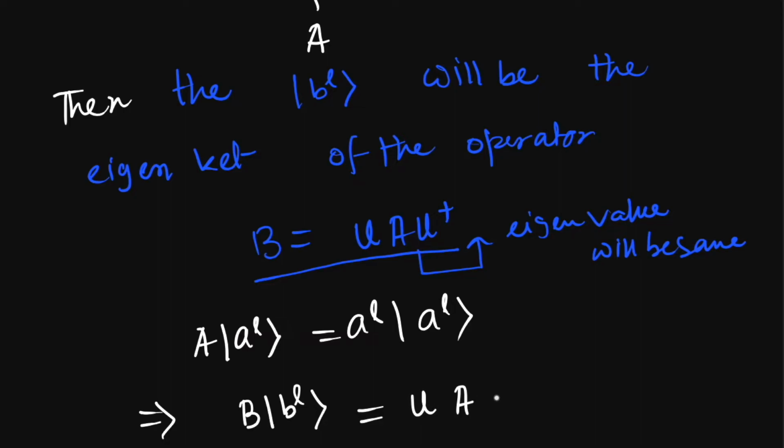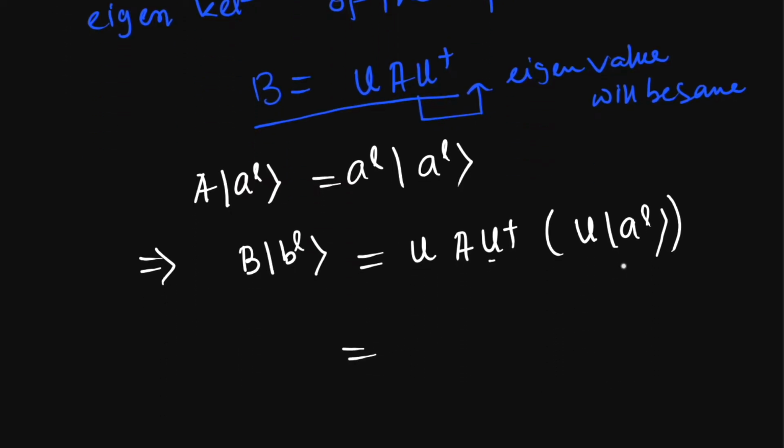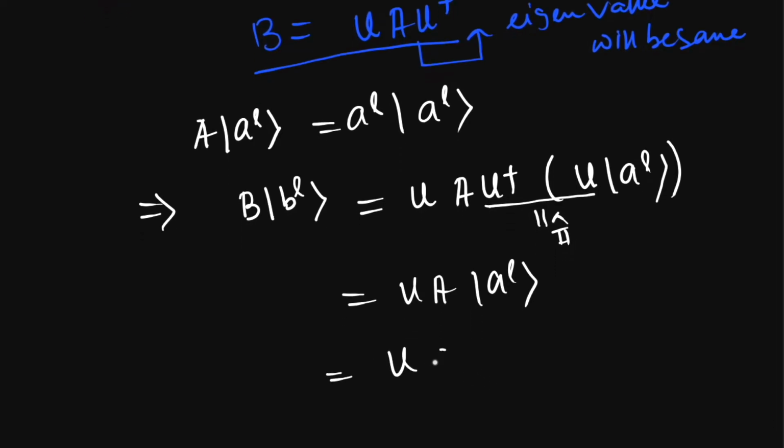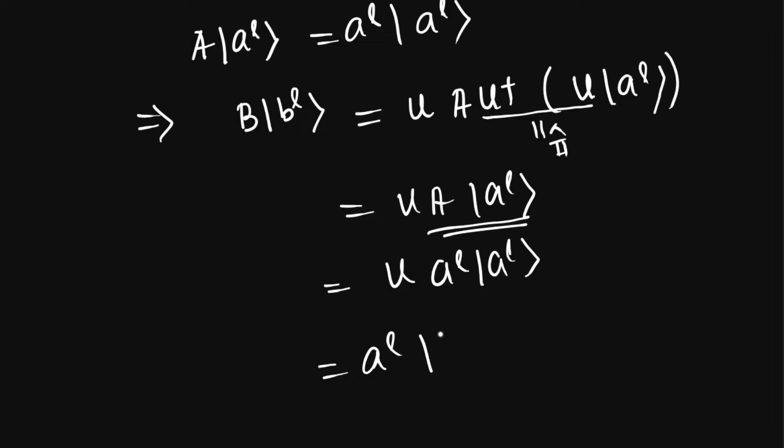U A U dagger into U|a_l⟩. Since U is a unitary operator, U dagger U is equal to the identity operator. That means U A|a_l⟩, since |a_l⟩ is the eigenket of A, equals a_l U|a_l⟩, which is a_l|b_l⟩.